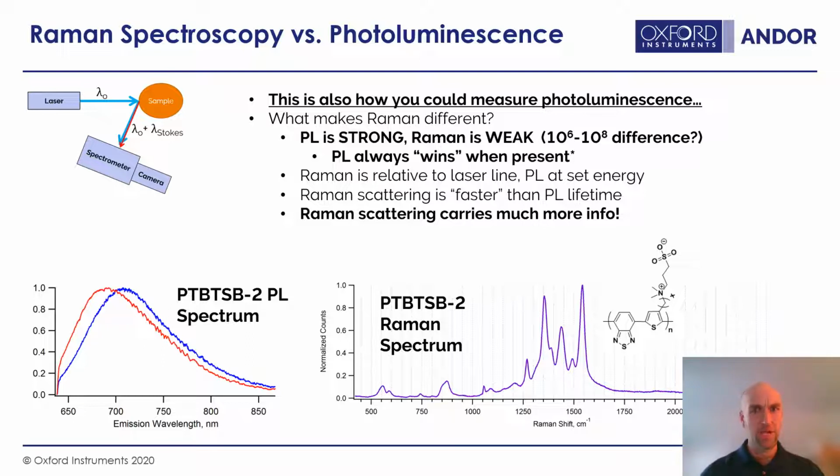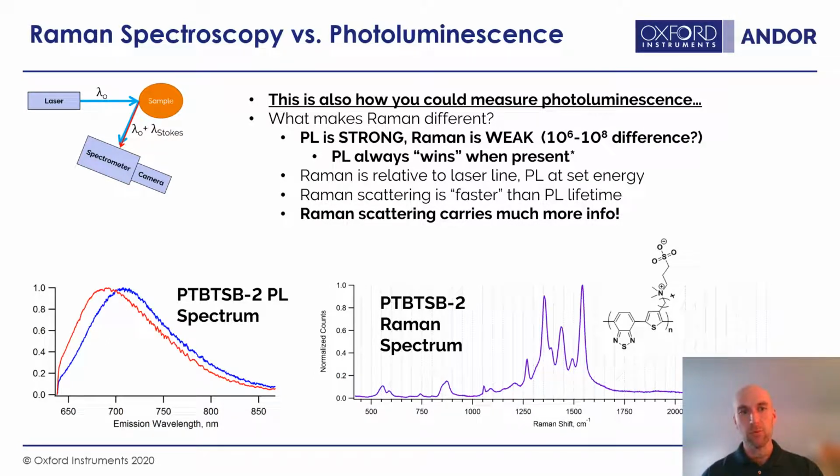Depending on the exact molecule, and of course this varies, it's in the range of 1,000,000 to 1,000,000,000 times weaker than fluorescence. So if you have a billion fluorescence photons coming off in some process, you might have 1 or 100 Raman photons coming off. As you can imagine, photoluminescence wins when they're both present and overlapping.